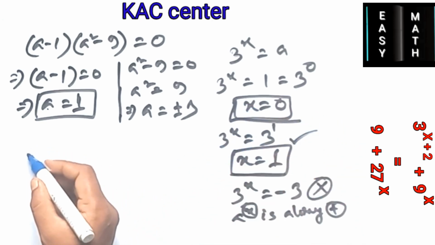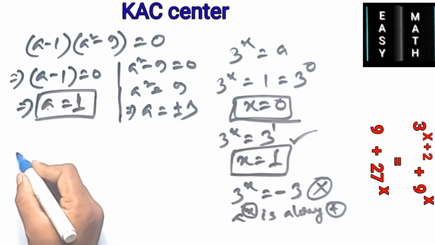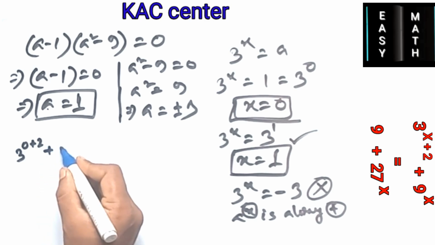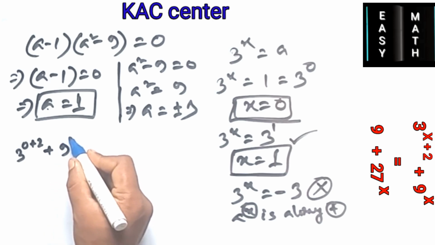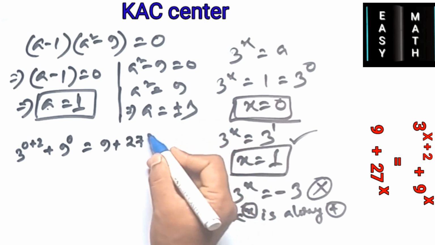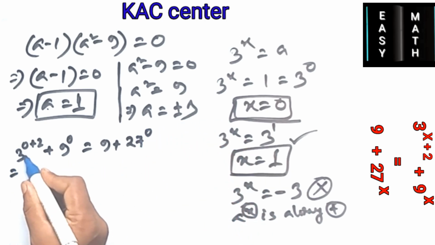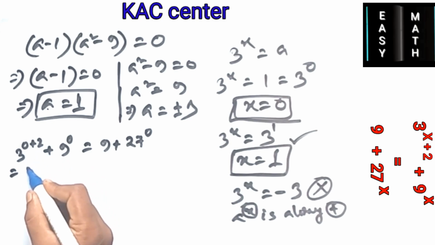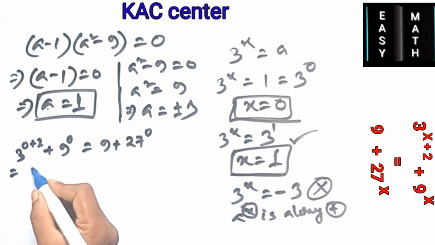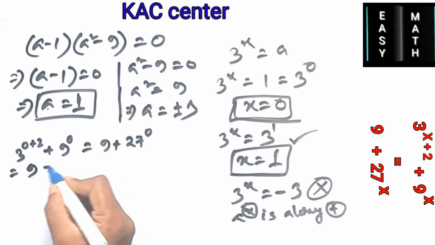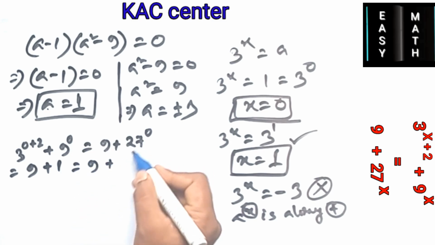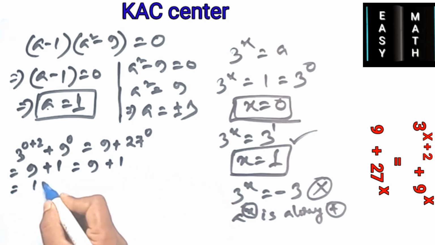And now verify. If x is equal to 0, then 3 to the power x plus 2 is 3 squared, which is 9, plus 9 to the power 0, which is 1. So the left side is 10. On the right side there is 9 plus 27 to the power 0, which is 1, so this side is 10 and this side is 10.